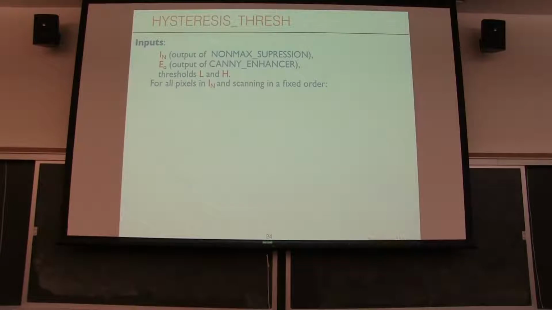Okay. So for every pixel in the image, what we do is we scan the image in a fixed order, for example, from top to bottom, left to right. Okay. And we find the first pixel that we had not been to and see if it's strong enough to be picked as a strong edge. Okay, and that is like the end of a string that I'm going to start walking along, right? And I will walk along as long as I am at least higher than the lowest threshold, right?